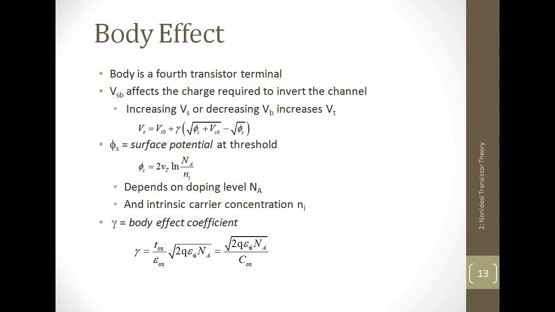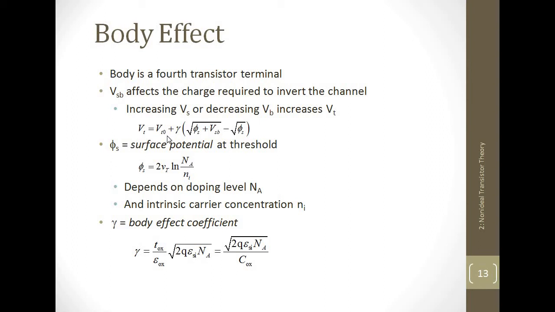That body has to be grounded, or VSB, the source to body voltage, affects the charge required to invert the channel. So increasing Vs or decreasing Vb will increase the threshold voltage. This is given by the formula you can see here.